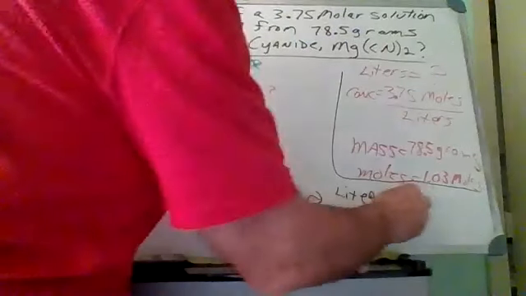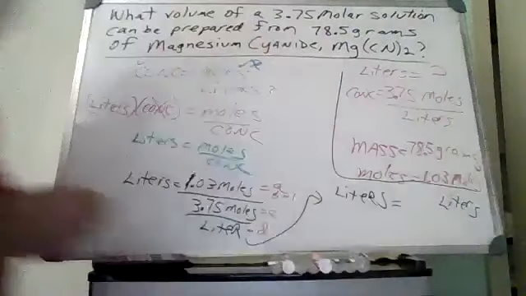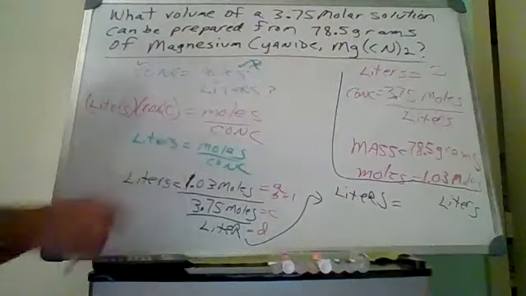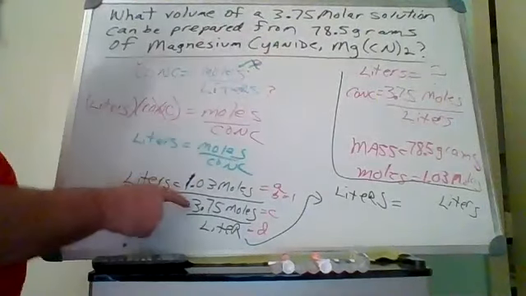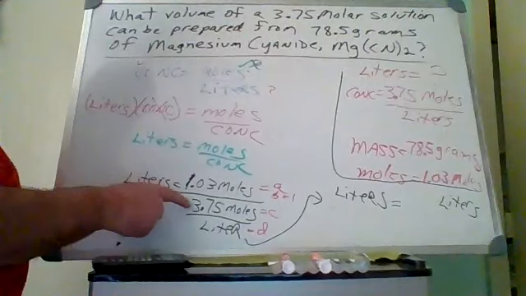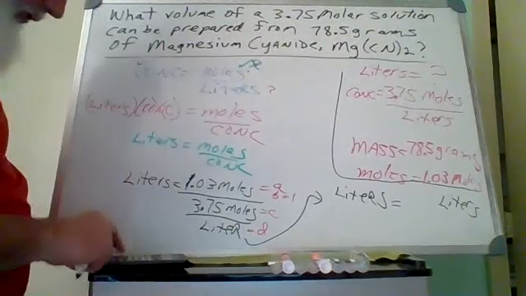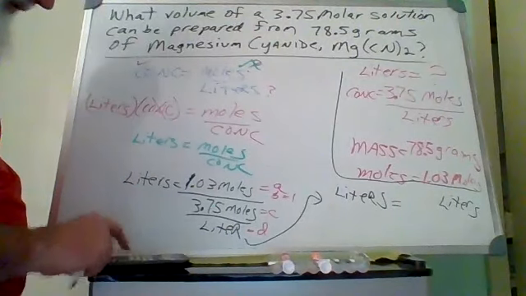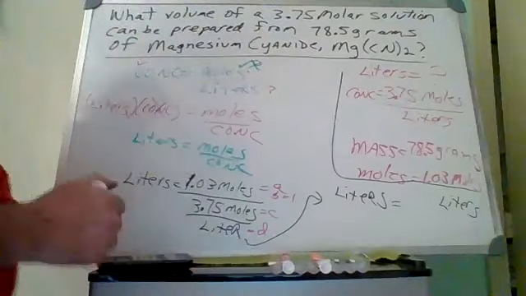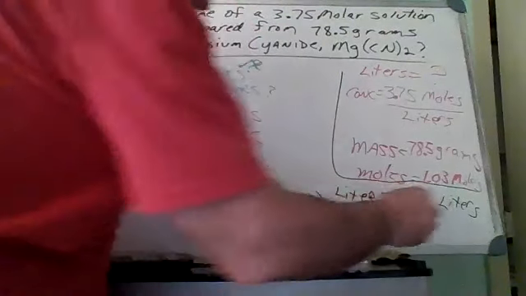So liters equals liters. We just showed that combination of units is in fact equal to liters. So now just the moles divided by the concentration. So, and I have the 1.03 in my memory, divided by 3.75 equals, and I get 0.274.